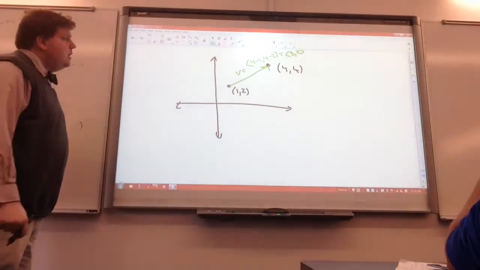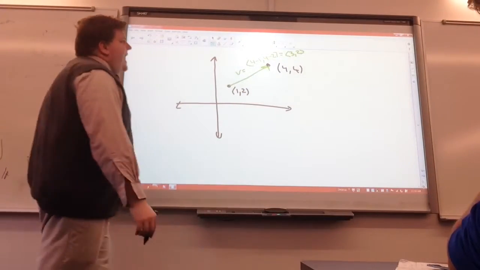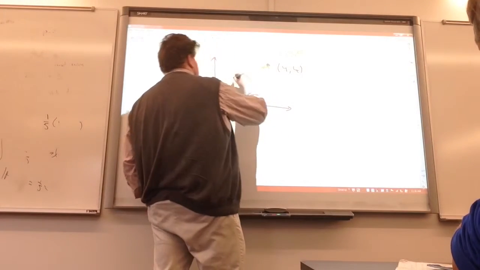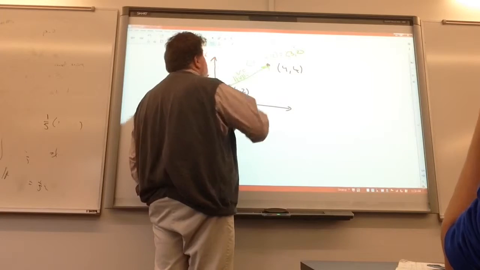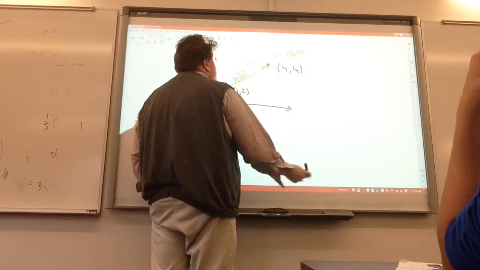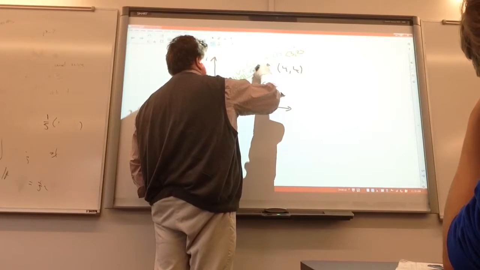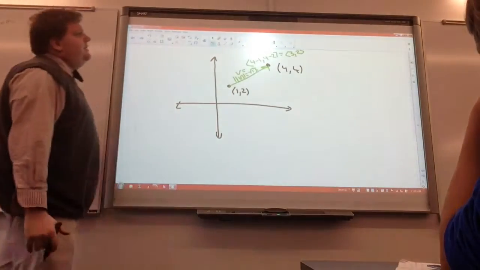Its magnitude would be root 13. This 3 squared would be 9, 2 squared is 4, 4 and 9 is 13, and we take the square root. So that's one way we could do it.